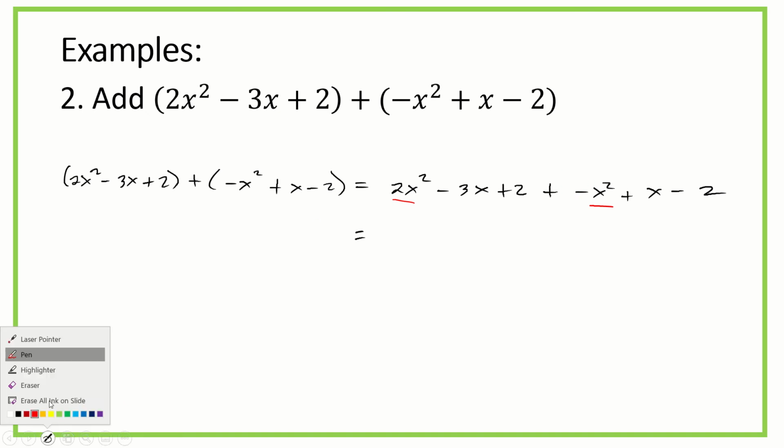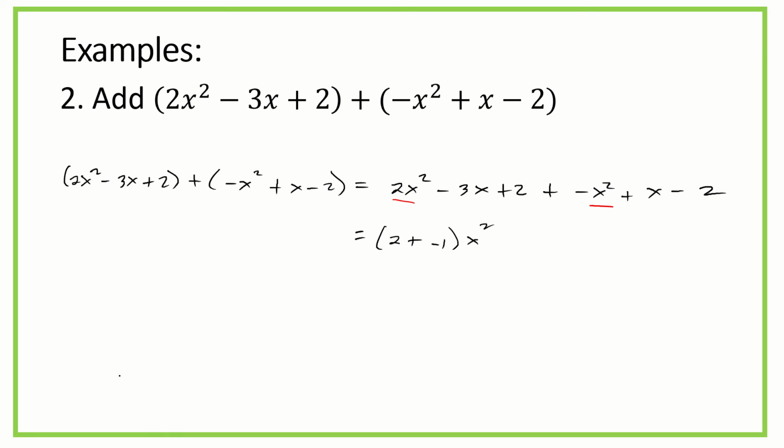So that means 2, because that's the coefficient of 2x squared, plus negative 1. Because this is plus negative x squared. So, copy the common literal coefficient. So, put a marking that you're done with those terms so that you will not be confused.